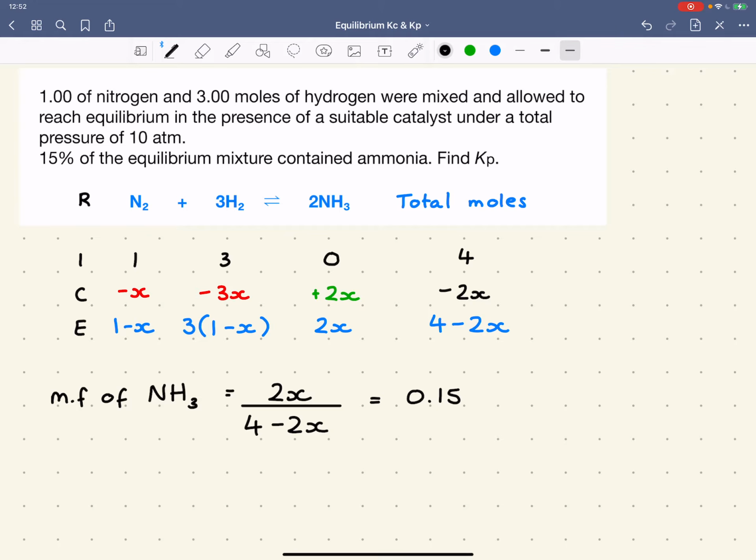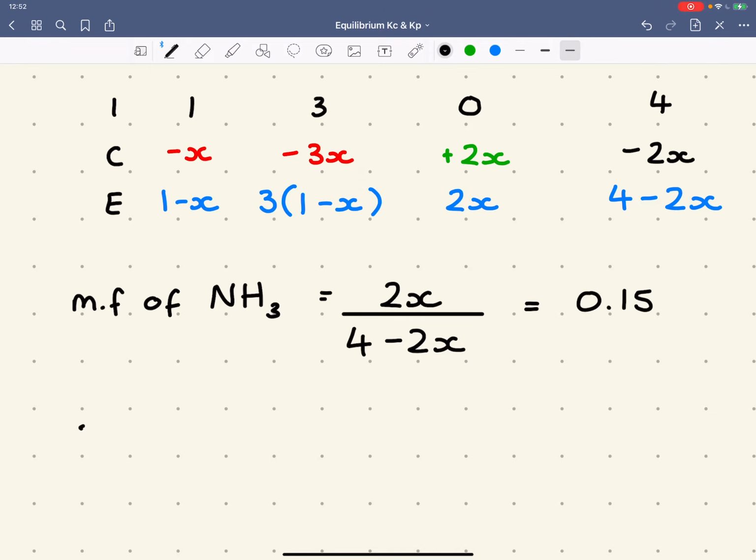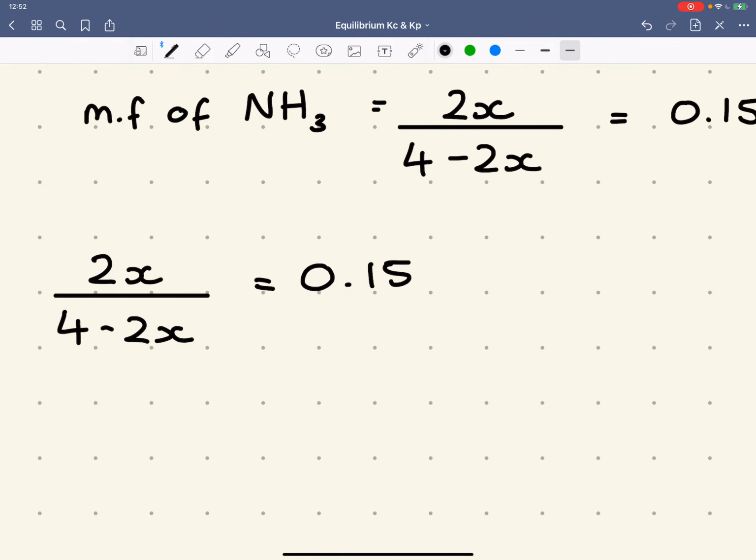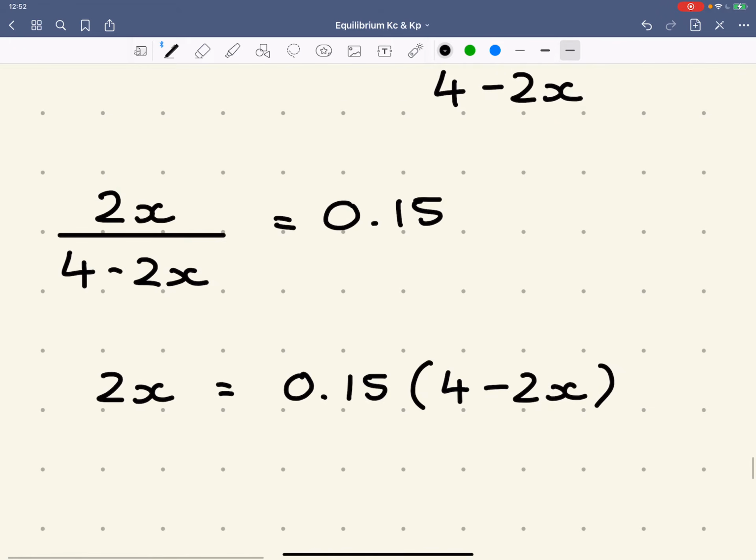So we'll do that very quickly. We've got 2x divided by 4 minus 2x equals 0.15. So let's multiply both sides by 4 minus 2x. That gives me 2x equals 0.15 times 4 minus 2x. 2x then equals 0.6 minus 0.3x.